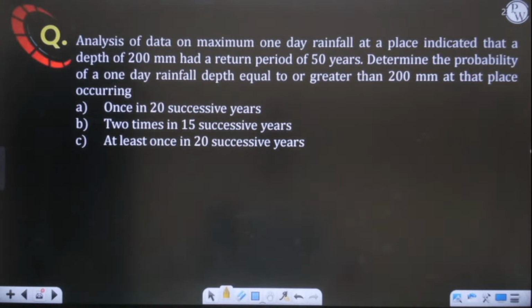Very good, Sushil. Very good. Perfect. Try to solve it. Try to guess the answer.